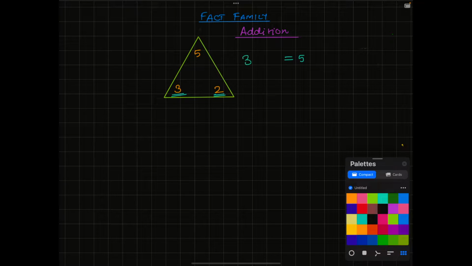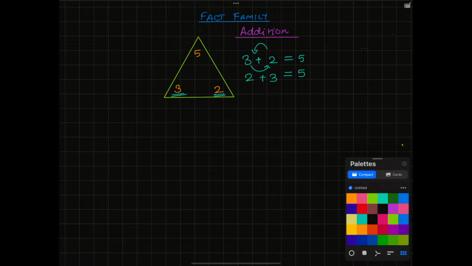So 3 plus 2 is equal to 5, and for the second fact, 5 will remain the same after the equal to sign, and these 3 and 2 will interchange their places. So 2 plus 3 is also 5. So this helps us to do the mental math.